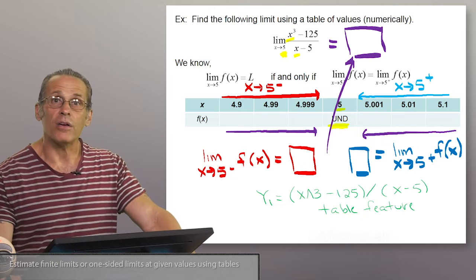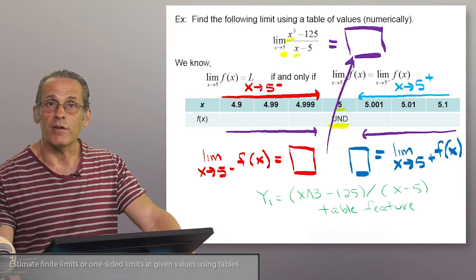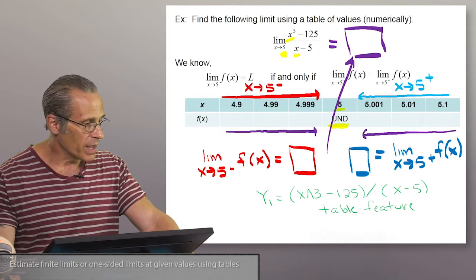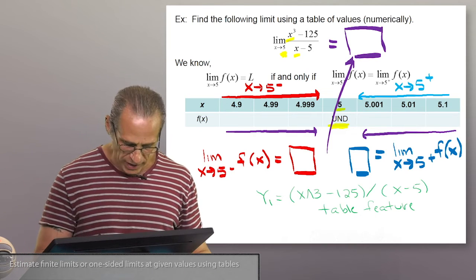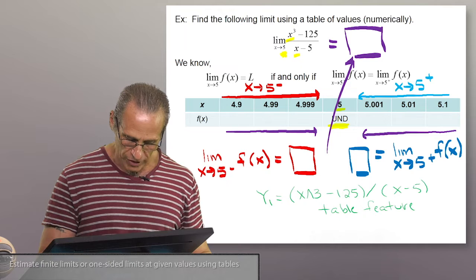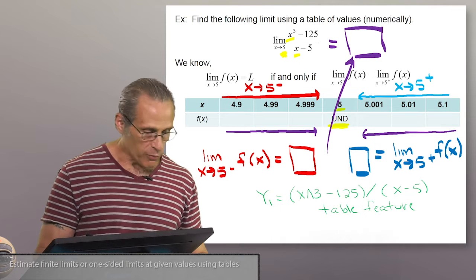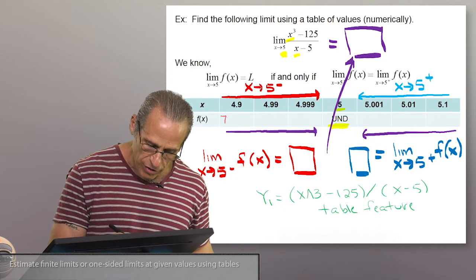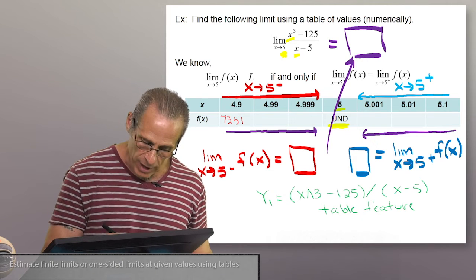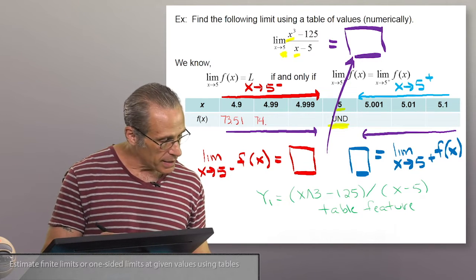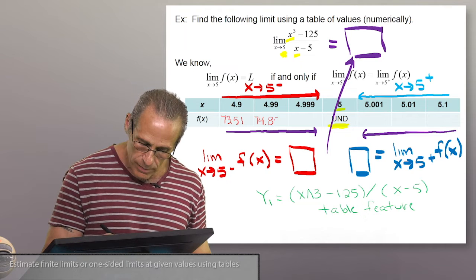And you would input the values of 4.9, 4.99, and 4.999. Now I'm going to go ahead and put down what those outputs are. For 4.9 the output is 73.51, and for 4.99 the output is 74.8501.